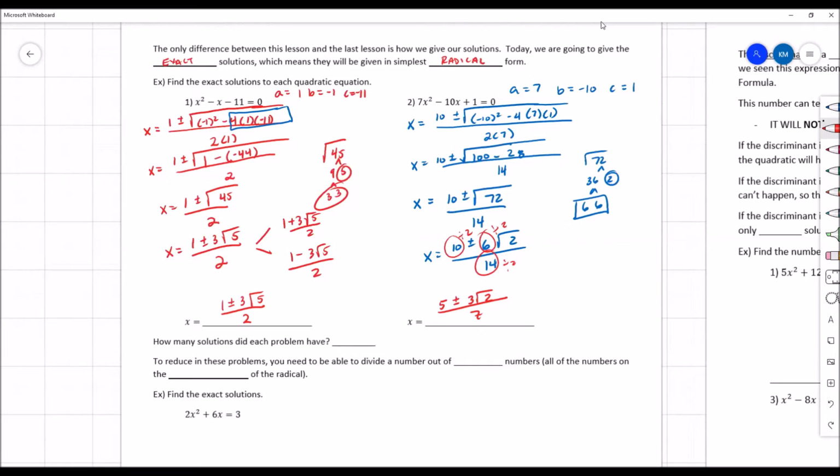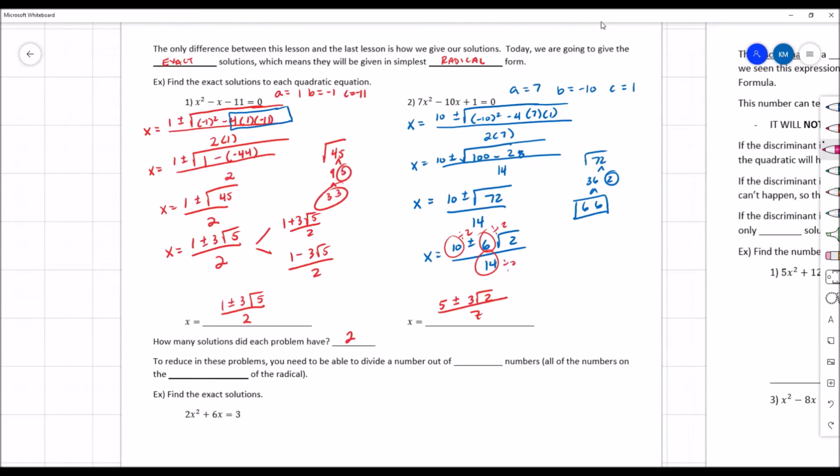How many solutions did each of these problems have? They all had 2. Please don't get confused by them being grouped together because we have that plus or minus. Remember, that is our way of saying we're doing 2 things to this: either adding or subtracting. So you see that plus or minus in both of those situations. That is us saying there are 2 solutions.